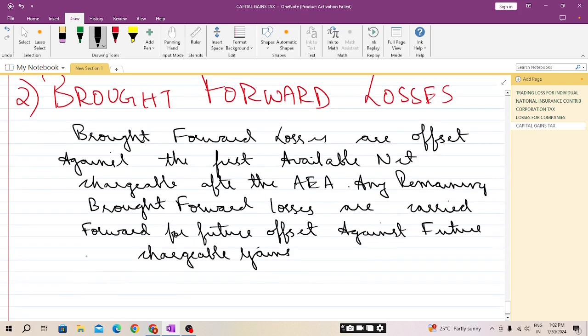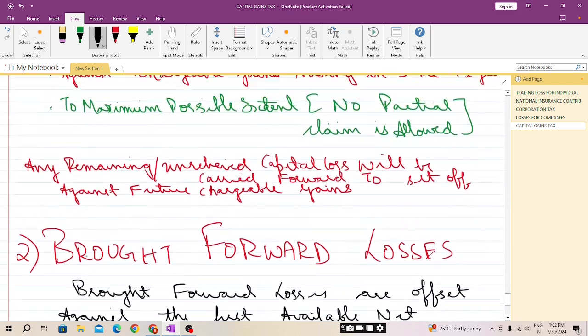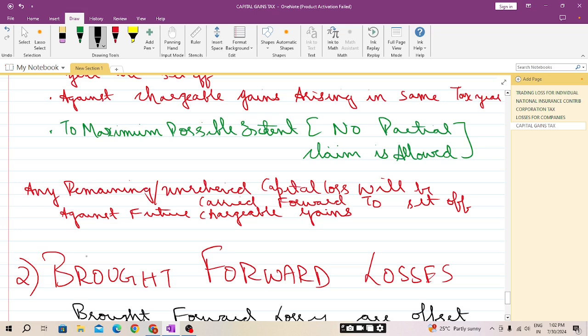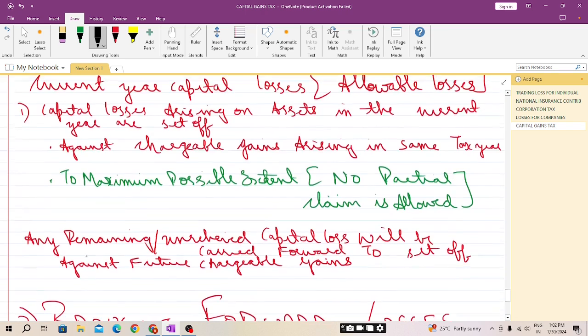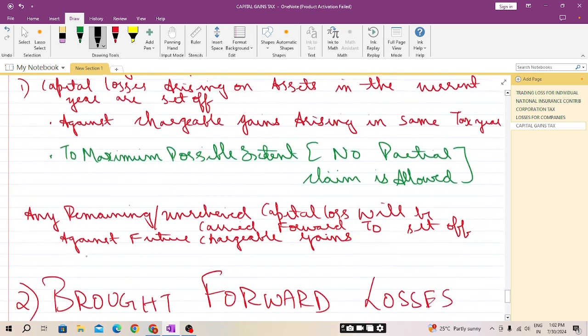In case of companies, no partial claim was allowed either in current year or future year. But coming to the case of individuals, for current year capital loss, no partial claim is allowed.